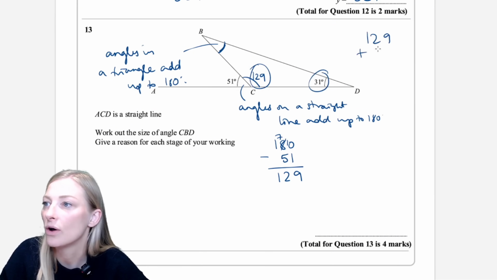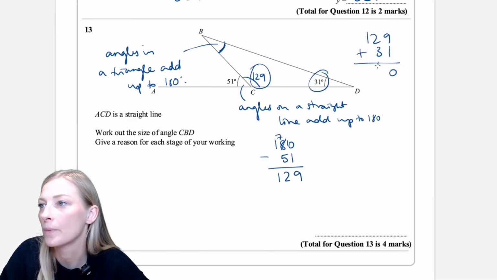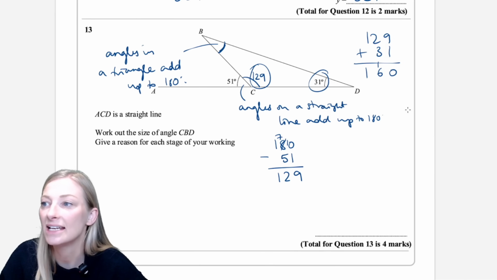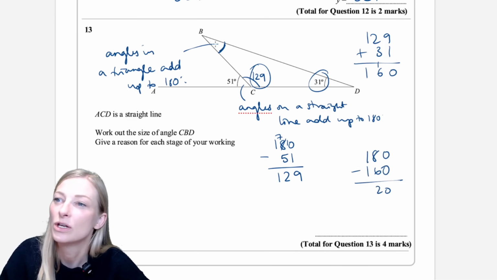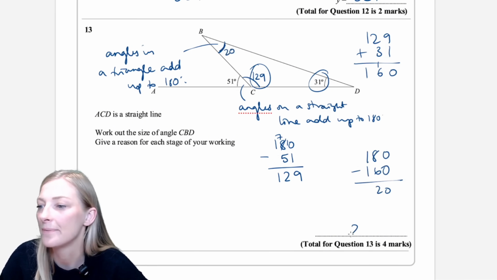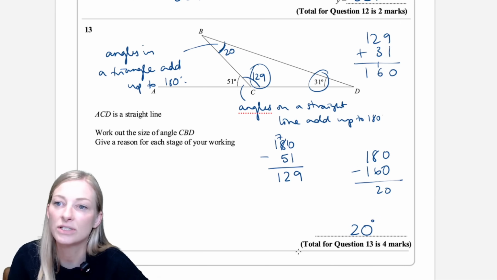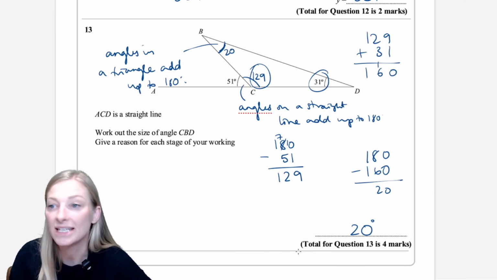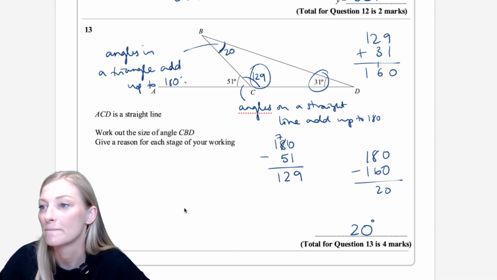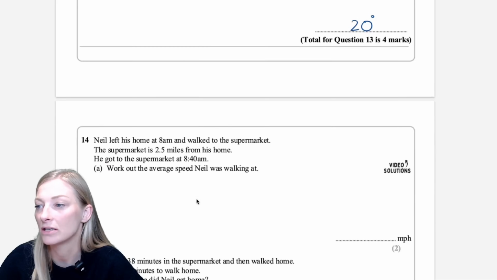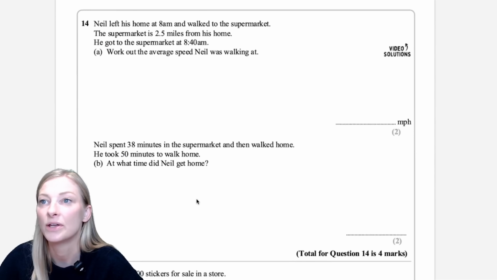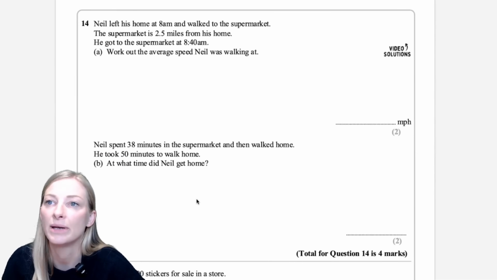So 129 add 31 is 160, and then 180 take away 160 is 20. So 20 degrees is my missing angle up there. 20 degrees would be my answer. That is the size of angle CBD. It's absolutely fine, by the way, to annotate the picture. It's actually quite helpful when you're examining, when people write it up there on the picture.